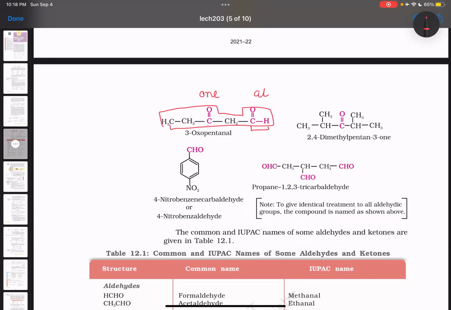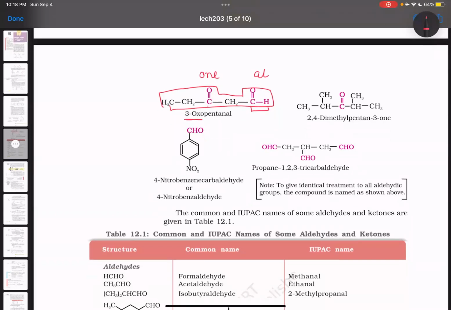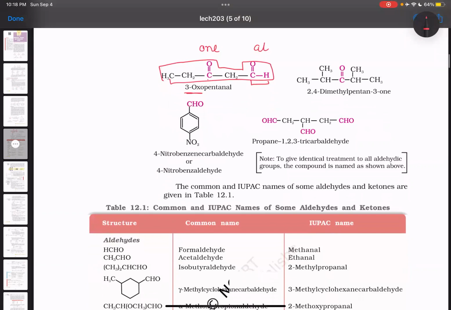If ketone and aldehyde come together, the ketone has less priority, so don't use the word one. You call it oxo and put it as a prefix before the name. If the functional group is of less priority, you put it before the name. So this is basic nomenclature.